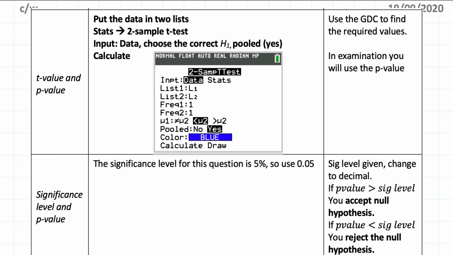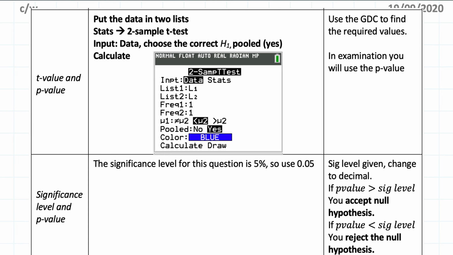And then the mu1, if you notice on the 6th line, this is where you pick your alternative hypothesis. So this is where the alternative hypothesis is. And if it's the two-tailed, so you want to say they're not equal, then you pick the first one. If you want to say that the second mean, so that mu2 represents the second mean, is greater, and that's what we want for this example.